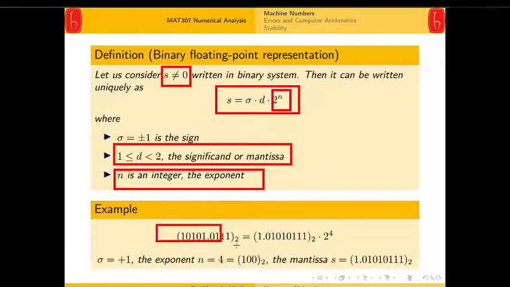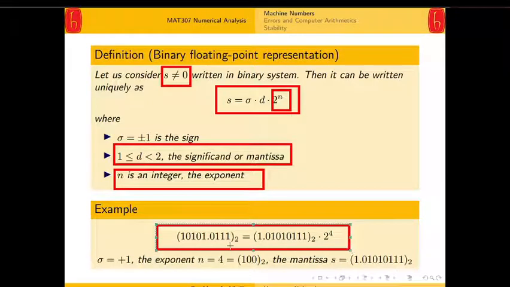So an example for this representation will be this number. We need to move the dot to the left to this position. This means 1, 2, 3, 4 times moving the dot to the left. So this means we have 2 to the 4 power, and then the mantissa will be 1 point other number. So the sigma will be positive 1 because the sign of this number is positive.